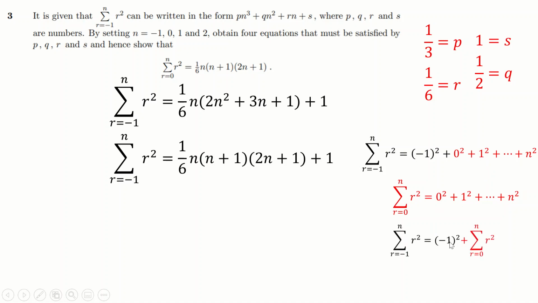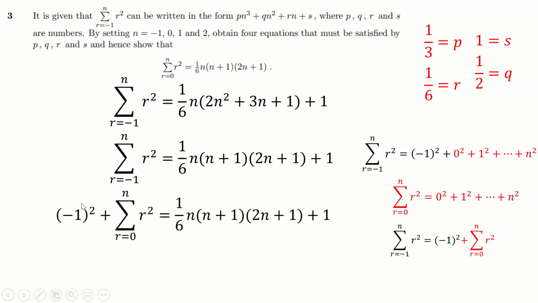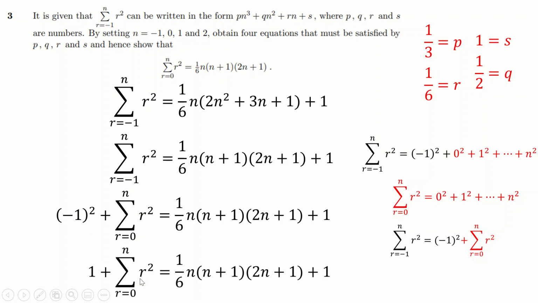So this sum here is -1 squared just then plus the red bit. So I can get rid of this here and replace it with what I know it is, with that first term that's missing from here and then just the rest of it. Right? And now this here, -1 squared, we've seen that is +1. And now, of course, I can just cancel the ones on either side or take away one from both sides. It doesn't really matter how you say it. And you get exactly what is required.